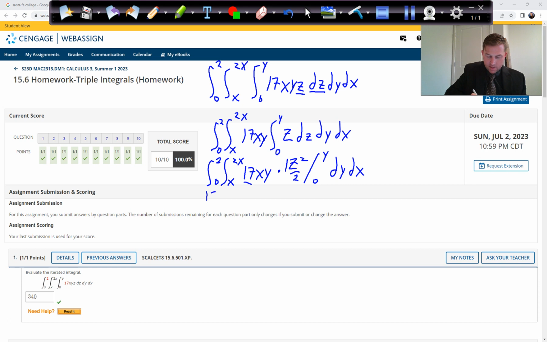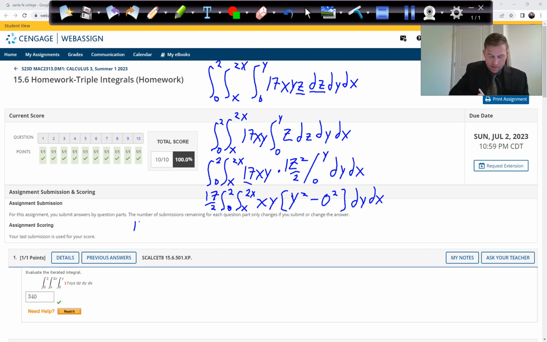So this is going to be 17 over 2, 0 to 2, x to 2x of 17, let's put the x and y in here, and then it's going to be y squared upper limit minus 0 squared lower limit. I pulled the 1/2 out, so that's no longer there, and it's dy dx.